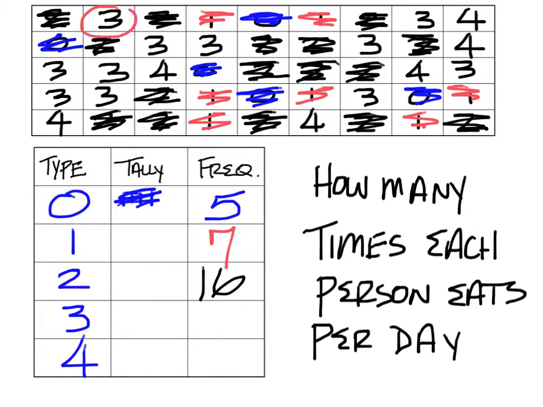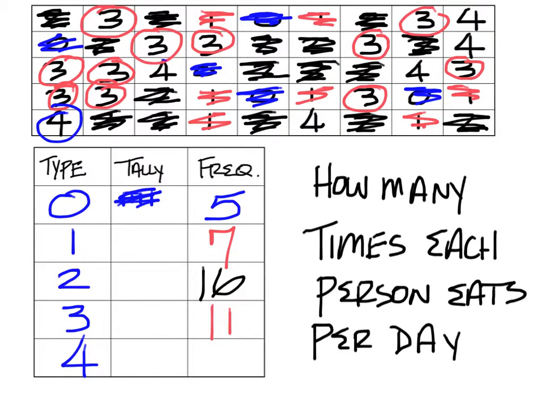For the threes, I have 1, 2, 3, 4, 5, 6, 7, 8, 9, 10, 11. And then for the fours, I have 1, 2, 3, 4, 5, 6.